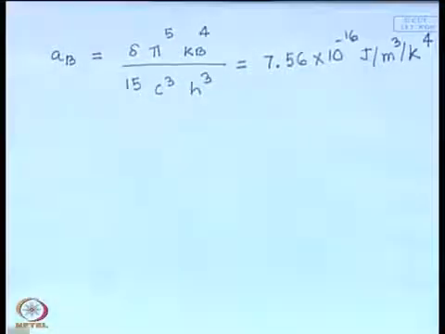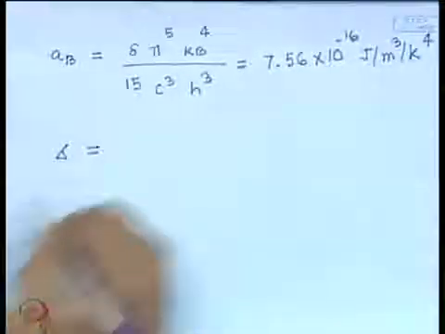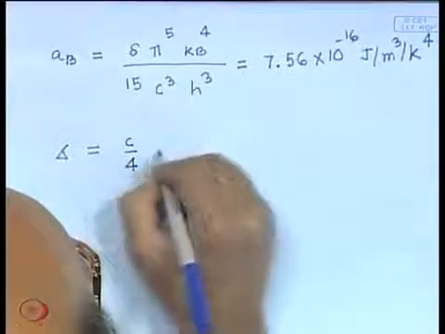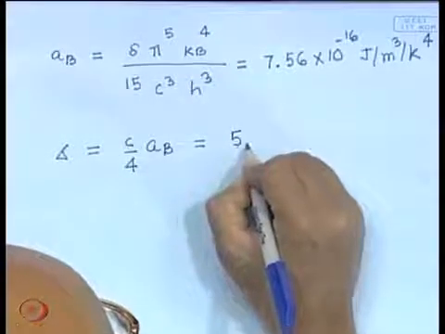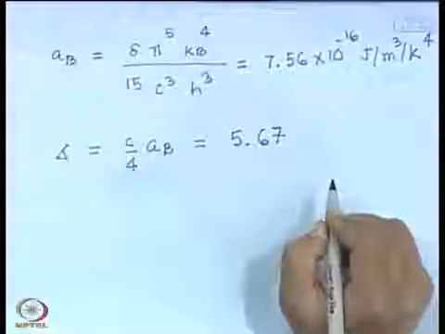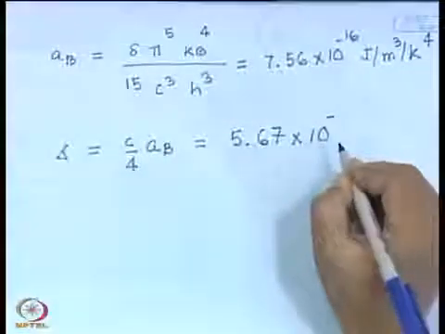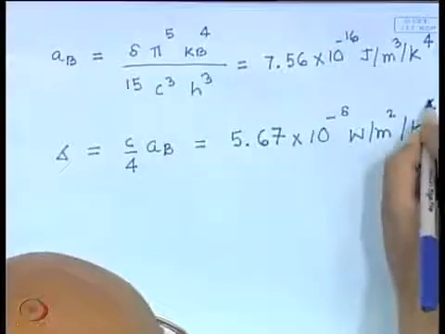So, we have worked out the Stefan constant, and we had seen earlier that the Stefan Boltzmann constant sigma is c by 4 times the Stefan constant, and this has a value which is equal to 5.67 into 10 to the power minus 8 watts per meter square, that is the flux, per Kelvin to the power 4.